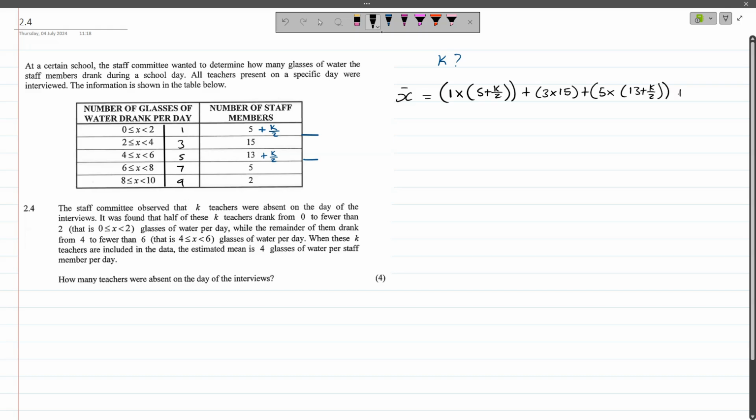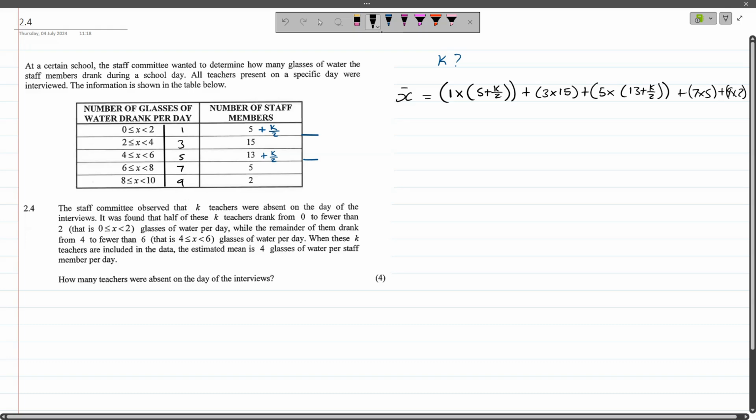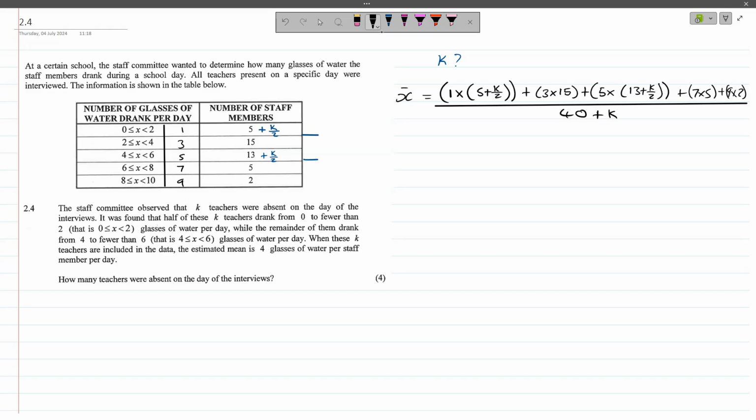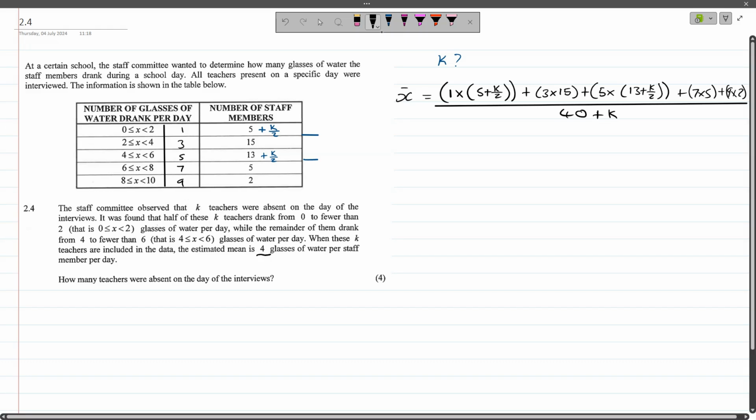And then plus 7 times 5, and the last one plus 9 times 2. And then all over the total number of teachers. Initially there were 40, but now we're adding this K that have been introduced. We know that the mean will be 4 after this.